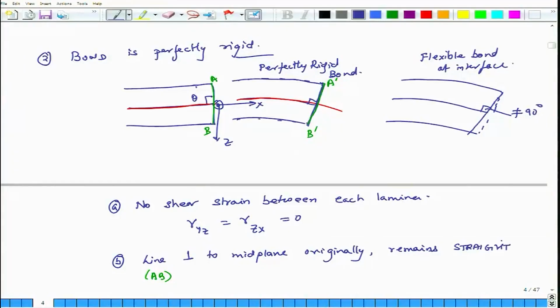It does not develop any curvature, and it remains perpendicular to the deformed mid plane. So, theta still remains 90 degrees.